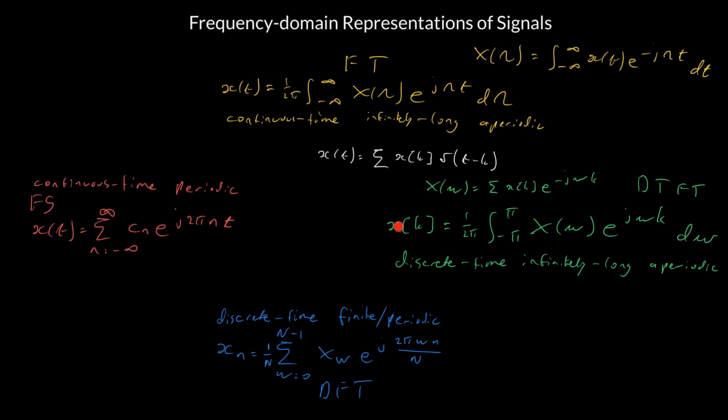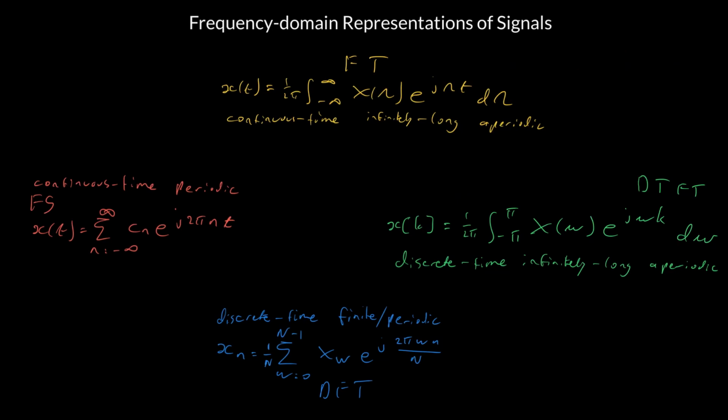If we do this conversion using an analog to digital converter, and then we process our signal x of k to get y of k, we then want to convert y of k back into a continuous time signal y of t, and we want to understand the relationships between the different frequency representations here. Precisely, we are asking, if we take a signal x of t and we put it through an analog to digital converter to get x of k, how have we altered the signal in the frequency domain?